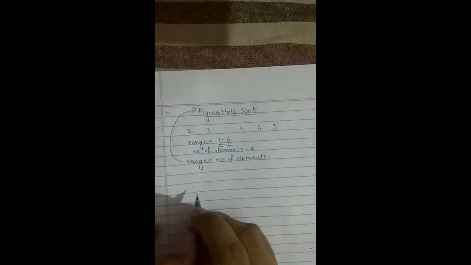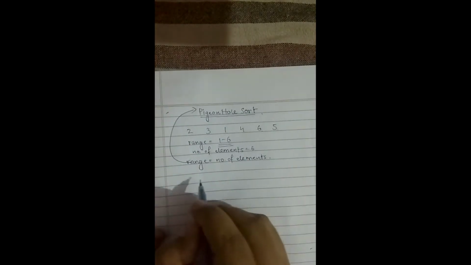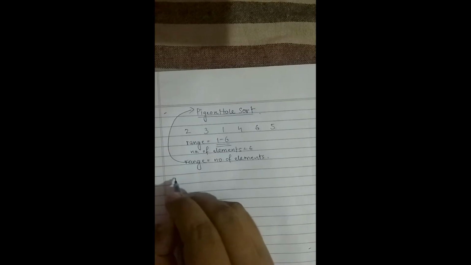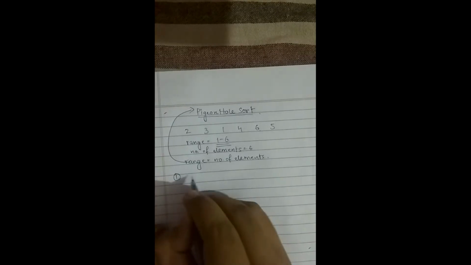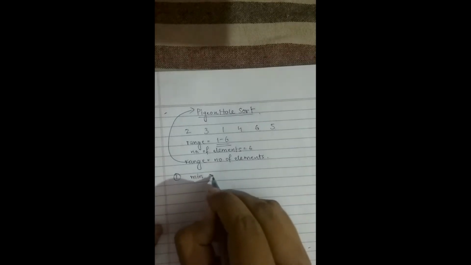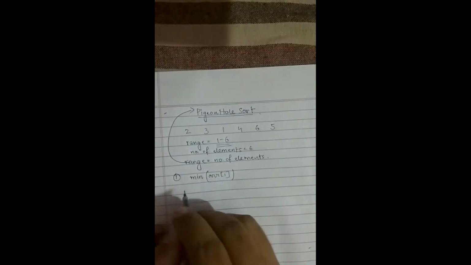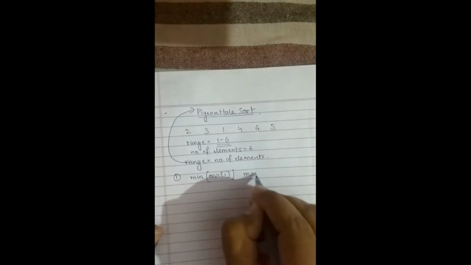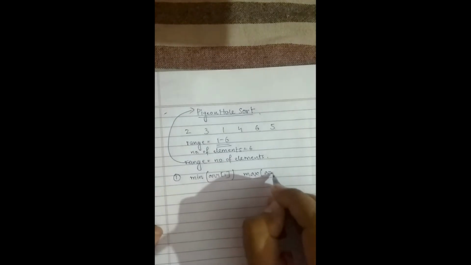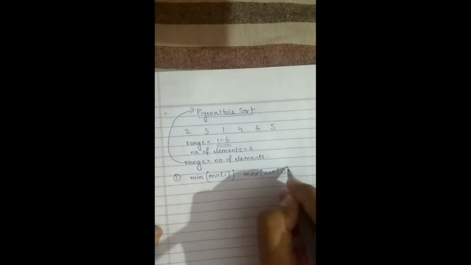So how does the algorithm work? First step, find the minimum of the array and find the maximum of the array. Find these two first.